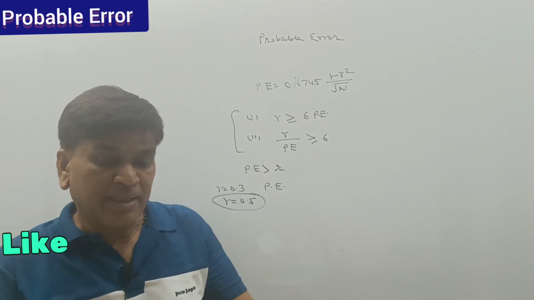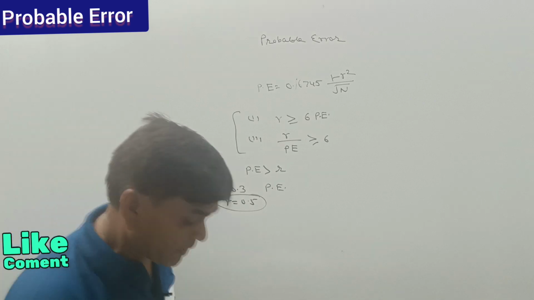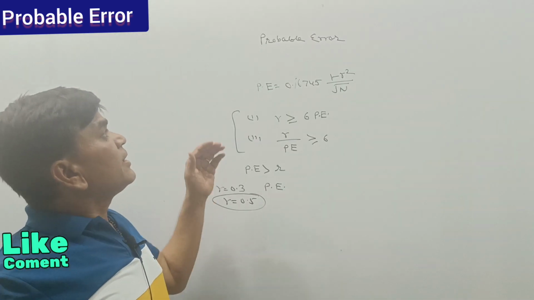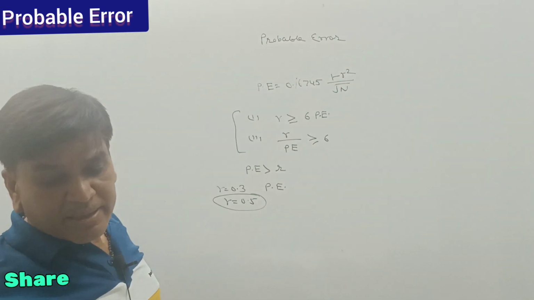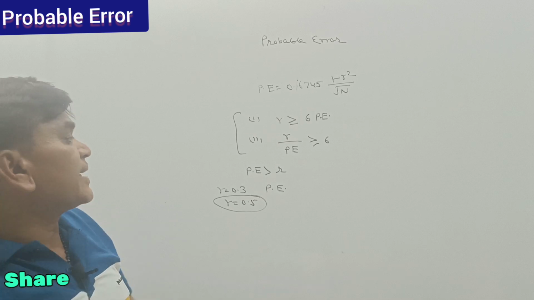So for getting the significance of the correlation, we have to calculate the probable error, and there is also another thing available, that is called standard error.